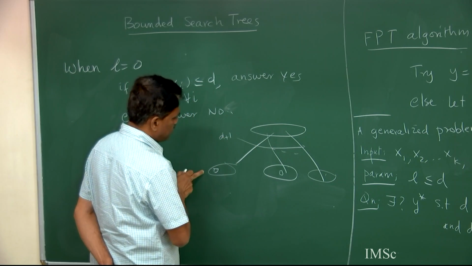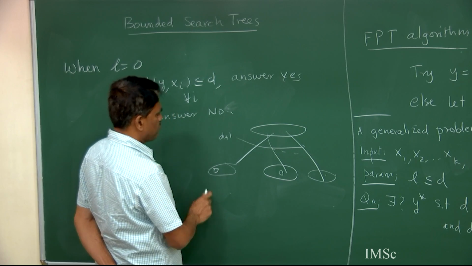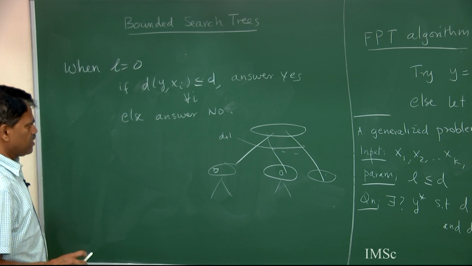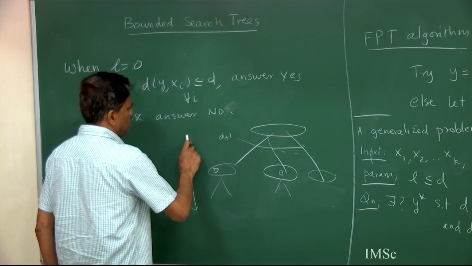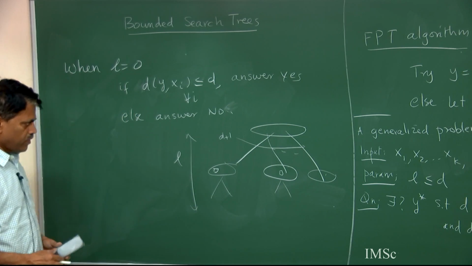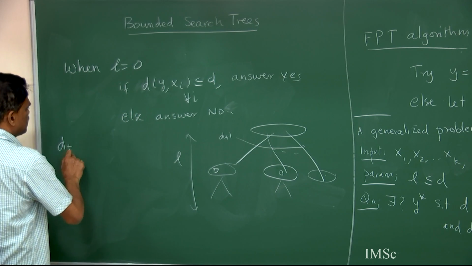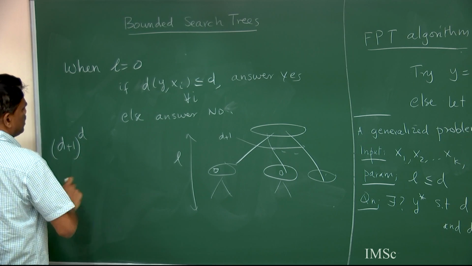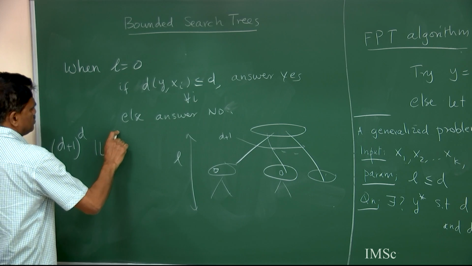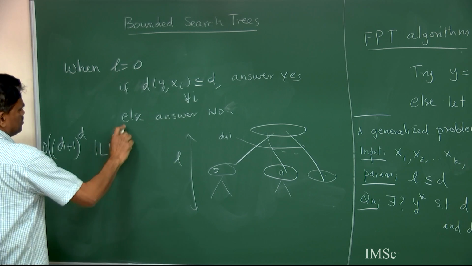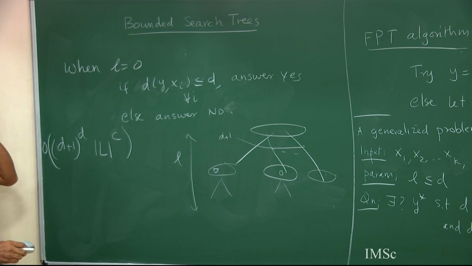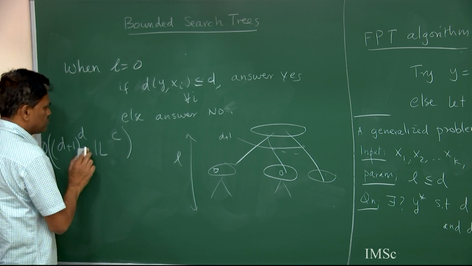Now, I want something which is at distance at most L minus 1 from this, and continue. So, this height would be at most L, but L is d to start with. So, what you get is something like d plus 1 to the power d times everything else. But this is the length of the string, actually, I called it L.